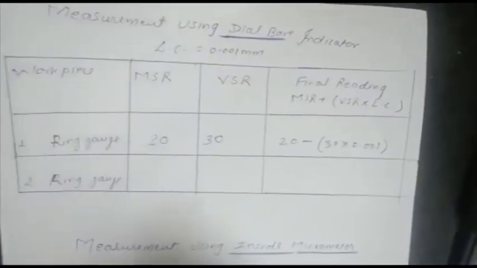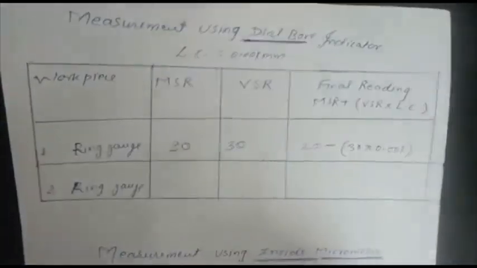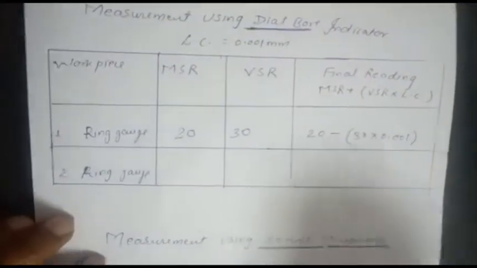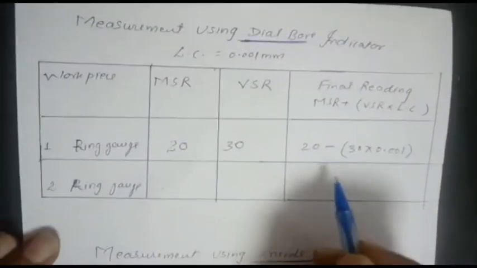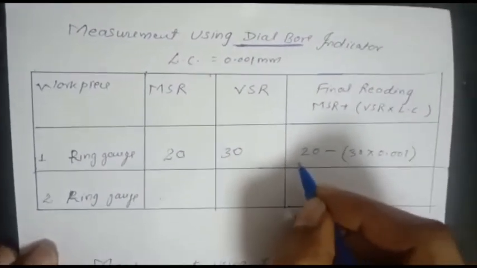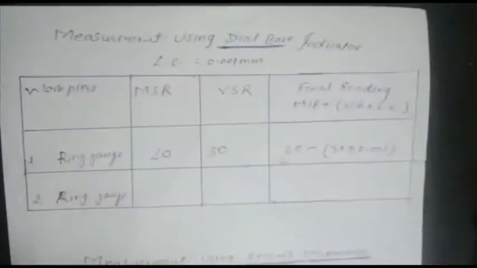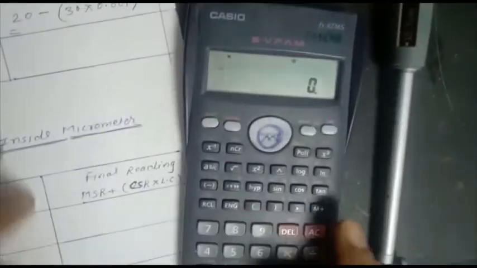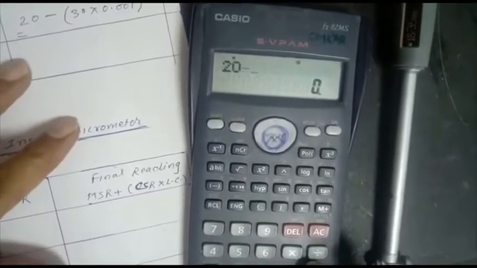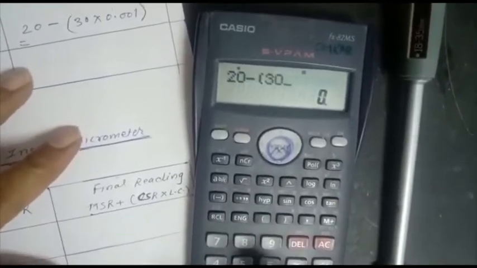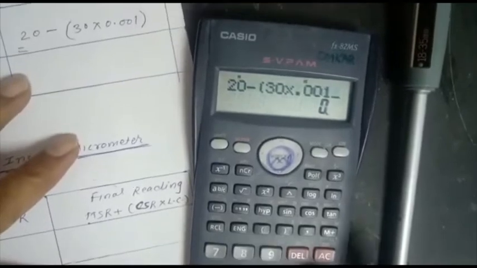So now I want a calculator. Just by calculating, we will get the value. So 20 minus, in brackets, 30 into 0.001.